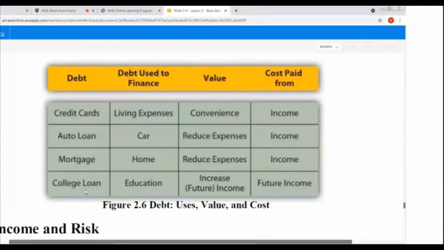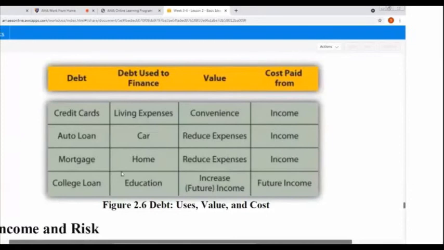A college loan, for what reason? That is for education, and the value is that it can increase income in the future, and it can also be paid through income in the future.